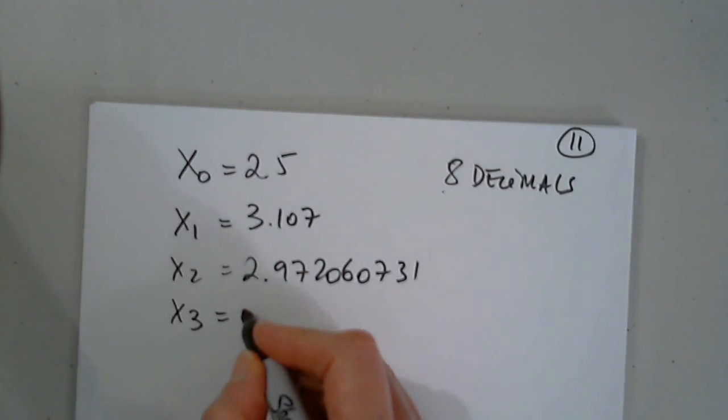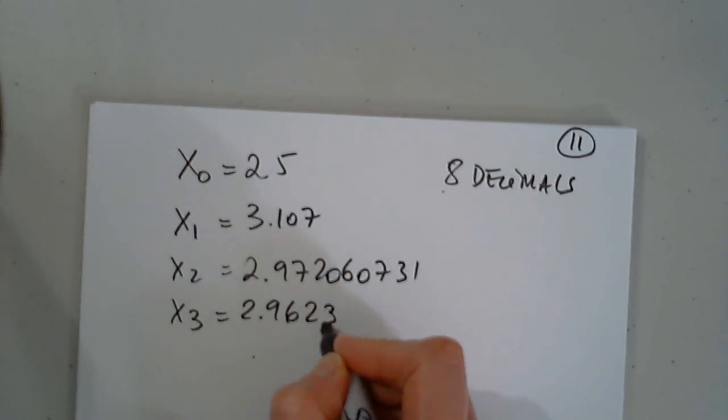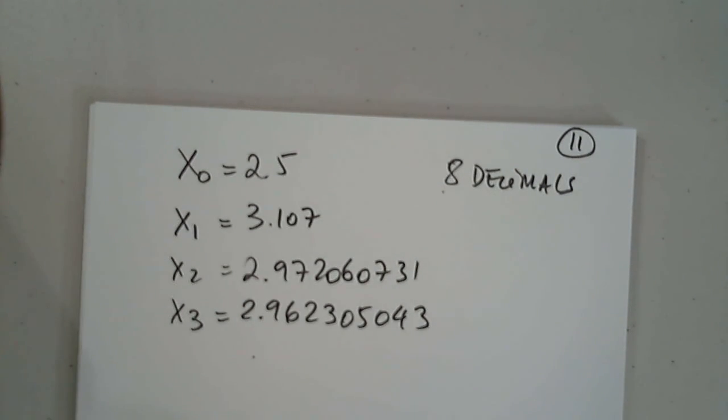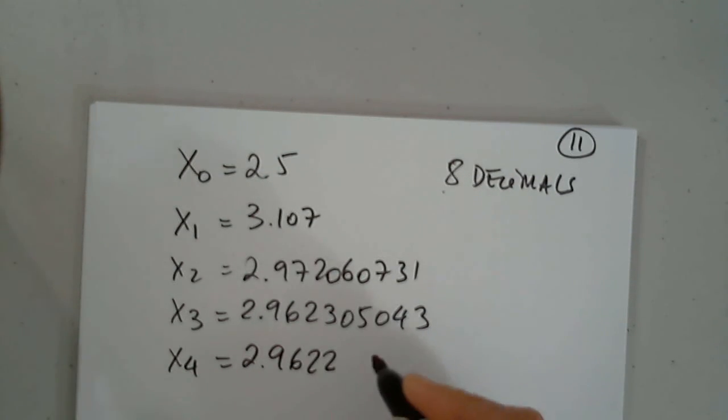Okay, x3, 2.9623050043. And let's see the next one. Okay, x4, 2.9622566639. This should be it.